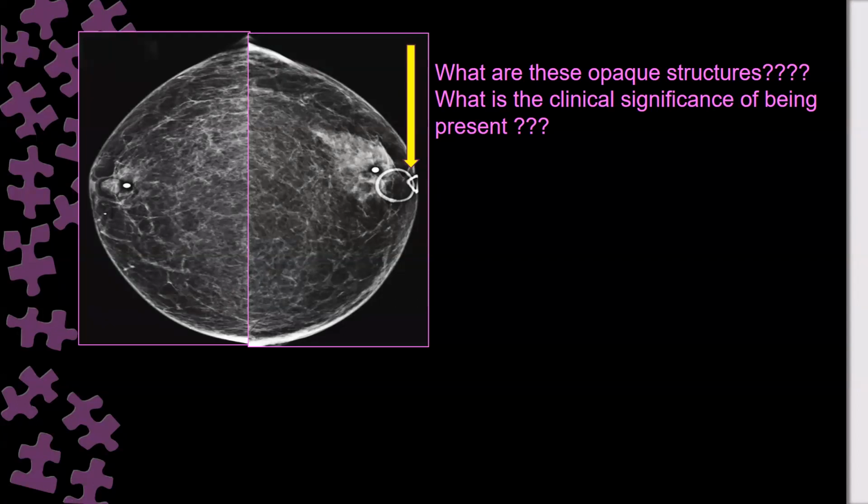Clip, I think. You mean breast tissue markers or skin markers? Last time we discussed, we differentiate between skin markers and breast tissue markers. These are markers. They are not artifacts, not coming here by chance.